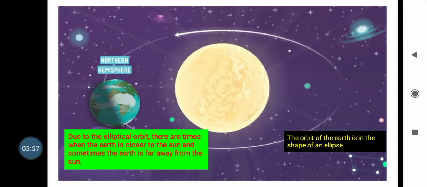And there are also times when the earth is a little farther from the sun. At those times, we get a little less sunlight, so we get winter. And there are also times when it is exactly in the center. So those are the times when we get autumn and spring. So the shape of the orbit of the earth also plays a role in giving us different seasons.